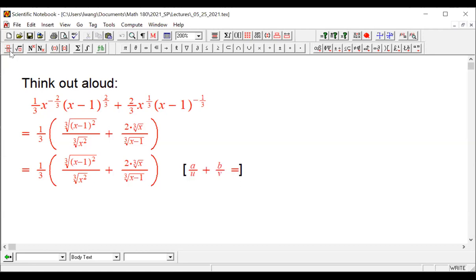So you're going to make the common denominator like that. This was u, this was a, this was v, and that was b. And now you want the same common denominator. What would you do? You have to multiply v over v on this side, and multiply u over u on the other side. Is that right?